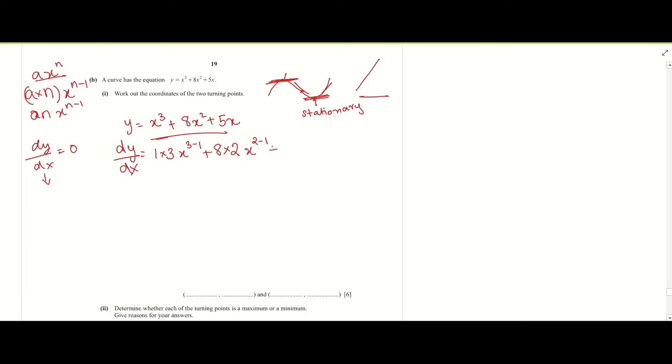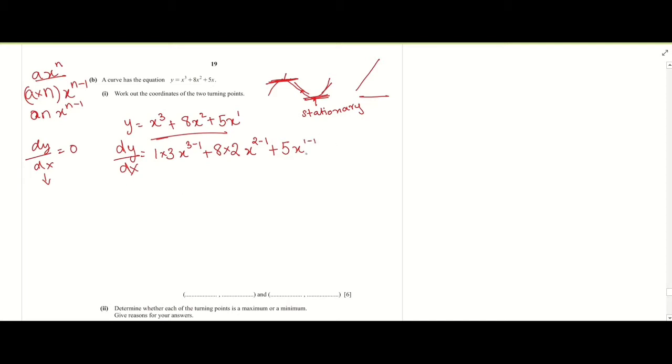Plus over here 5. In this situation we have 5x, and x is actually raised to 1 in this term. Because we have 5 multiplied by 1 is 5, I just wrote 5, and x will be raised to 1 minus 1.